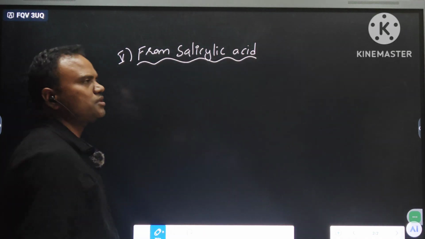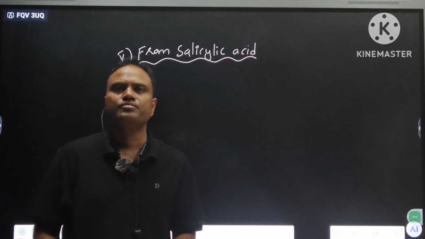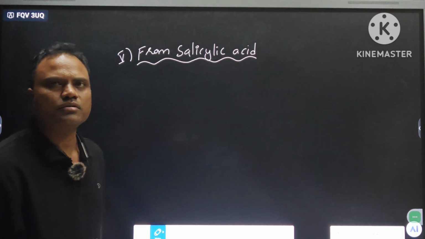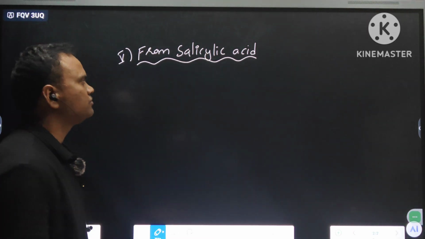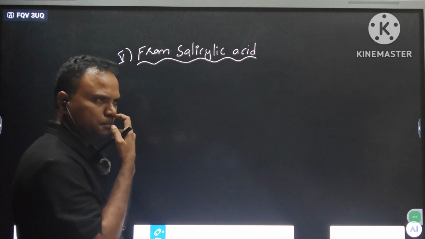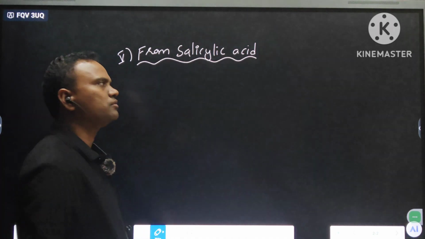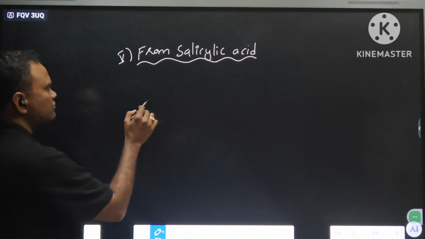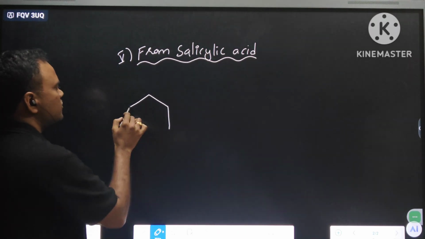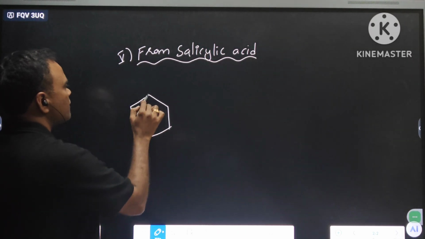Can anybody say what the salicylic acid structure is? A benzene ring with the COOH and OH group.